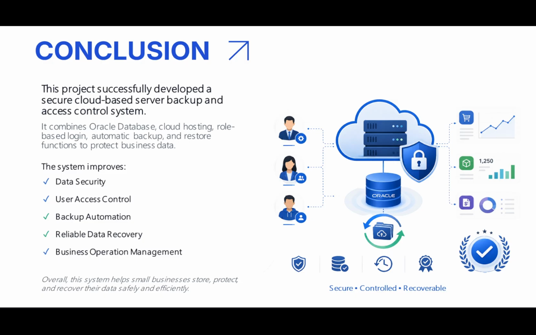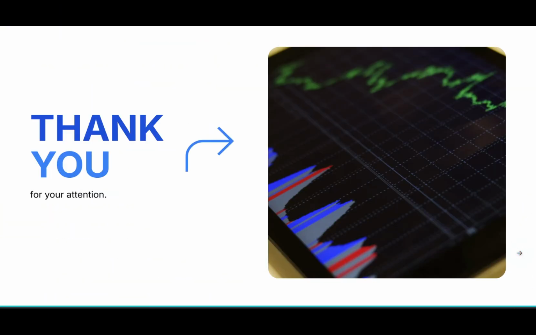The system has improved data security, user access control, backup automation, reliable data recovery, and business operation management. So overall, the system makes sure small businesses can protect and recover data safely and effectively. It's secure, controlled, and recoverable. So thank you so much, teacher, for your attention.